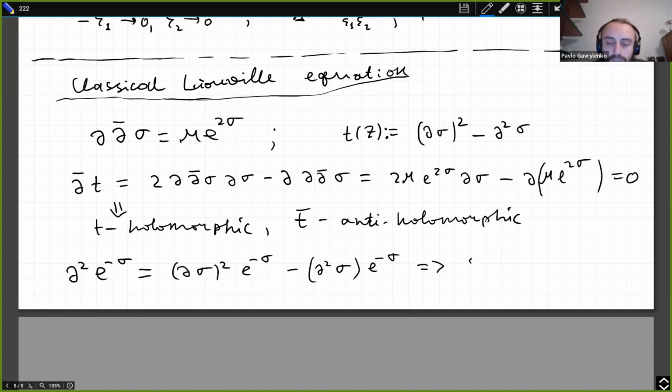So we find that d squared minus t of z, acting on e to the minus sigma, equals 0.